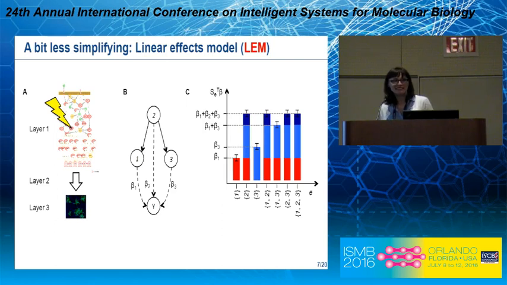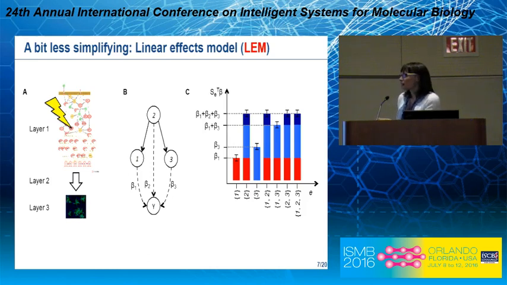To understand this, first remember that example graph, and then focus on panel C. In panel C, on the x-axis, you see the different possible experiments that can be done on that graph. An experiment is represented as a set of genes that are directly targeted by that experiment.